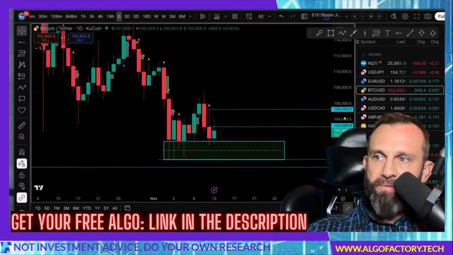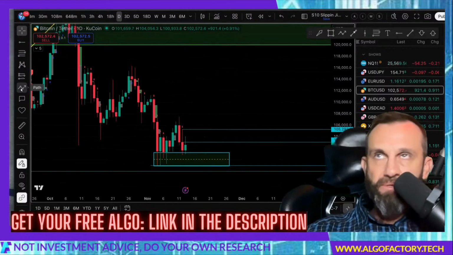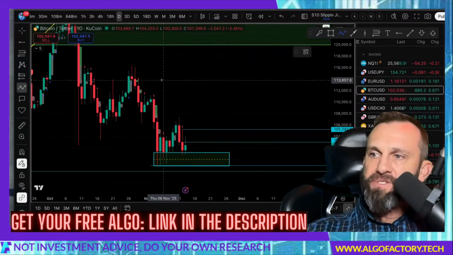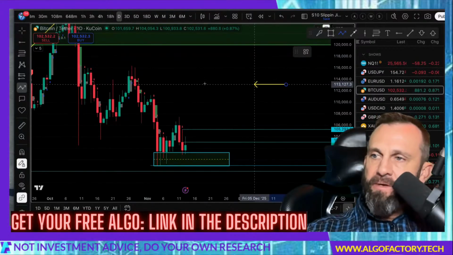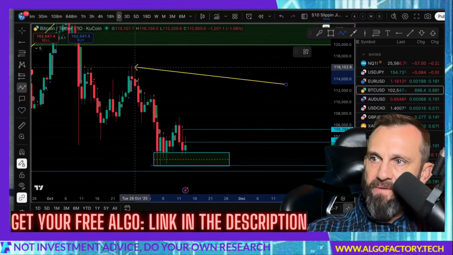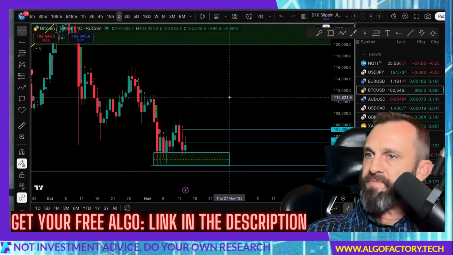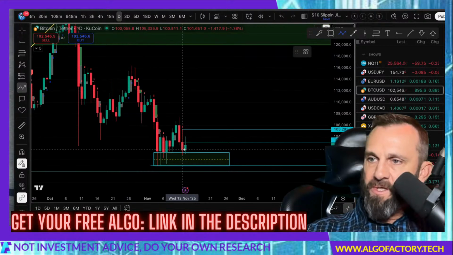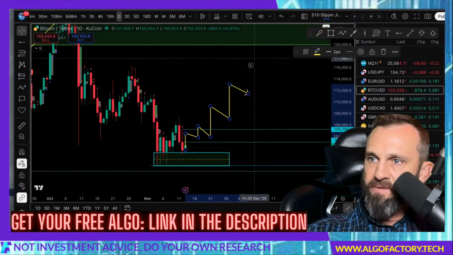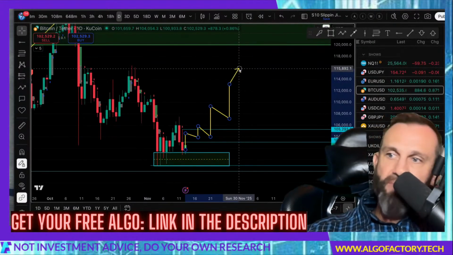Now, the next sign we're going to look for as to whether or not this could stay strong and maintain is whether or not Bitcoin can break this level right here, which is 116,500. So if Bitcoin can get some strength and pull one of these and just break, it probably would be a much straighter line than what I just drew.